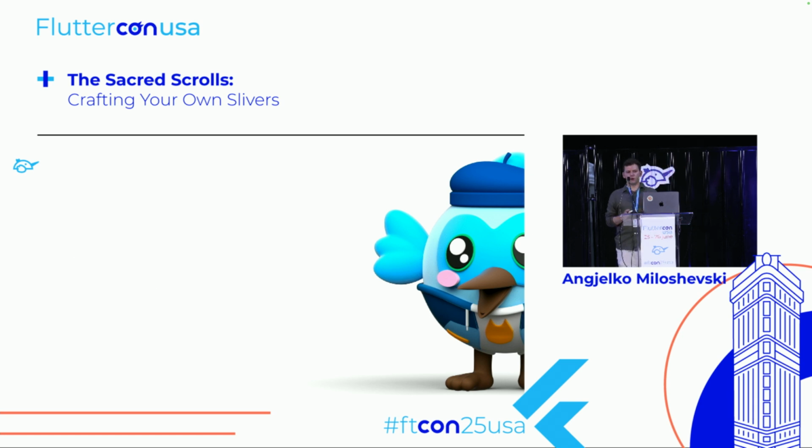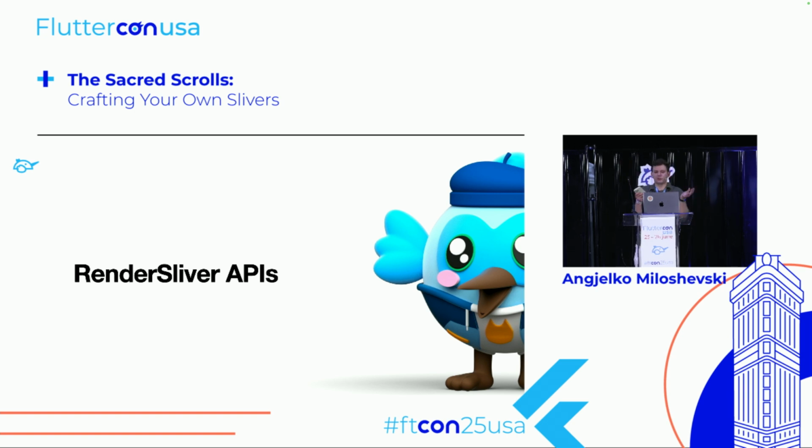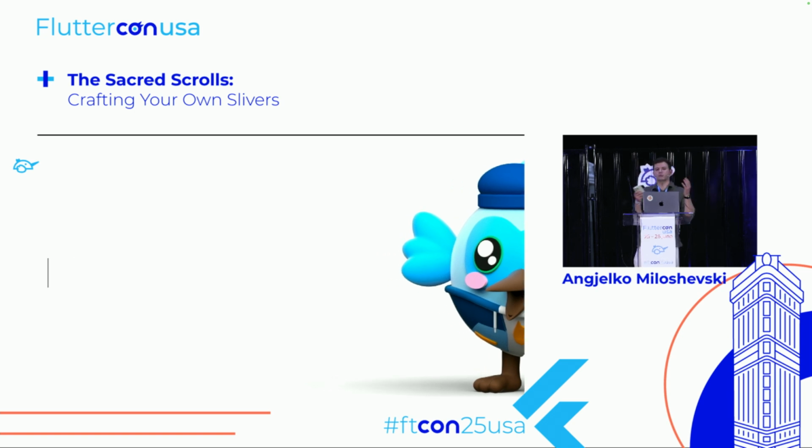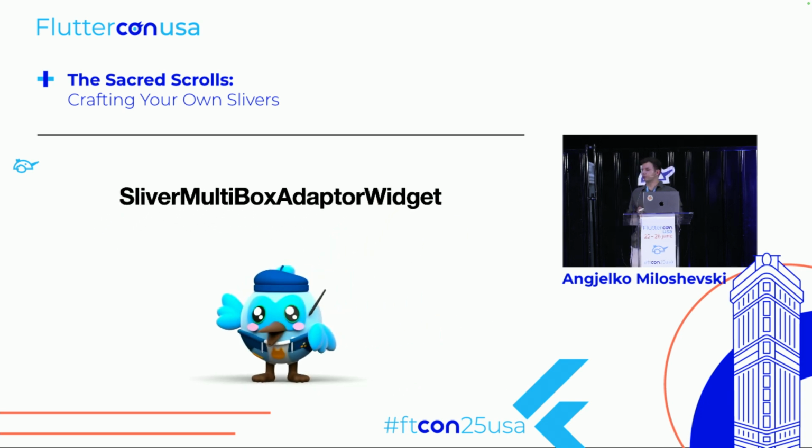So apart from this rich widget catalog, the Flutter framework provides us with render sliver APIs that make our life easier when creating custom slivers. Specifically, in order to create a lazy sliver, we'll rely on the sliver multi-box adapter widget, which provides a few properties and methods to make our sliver a lazy one.